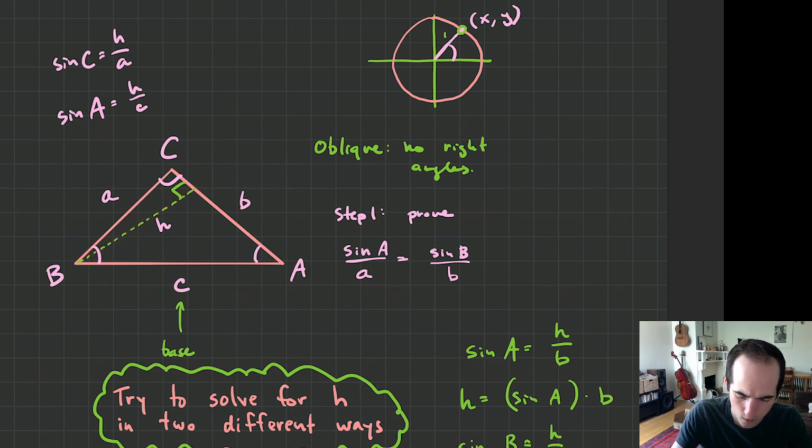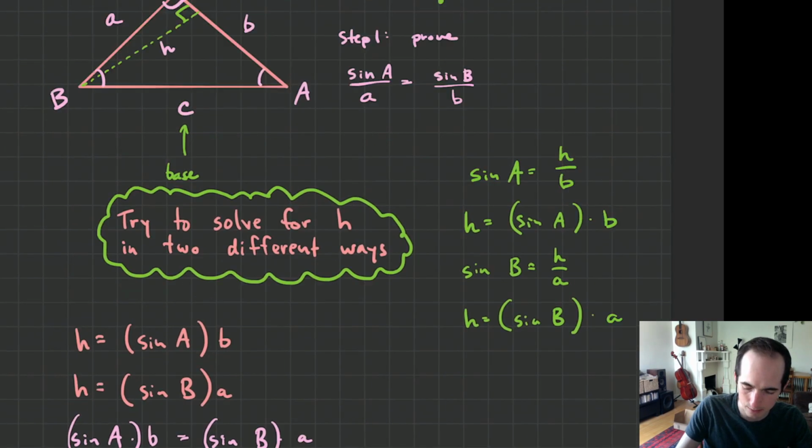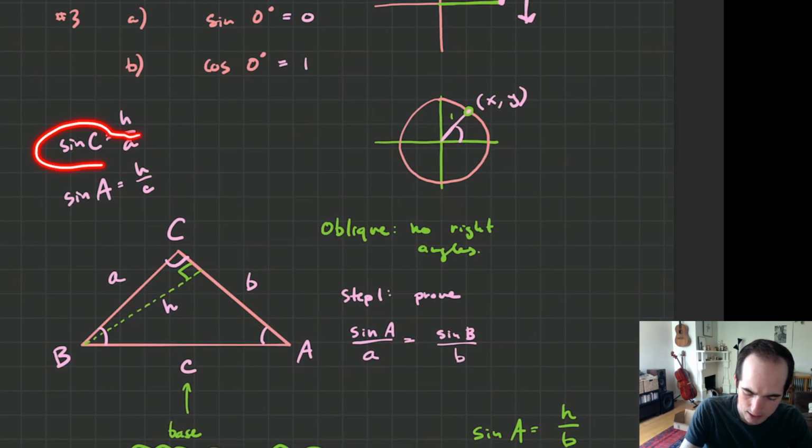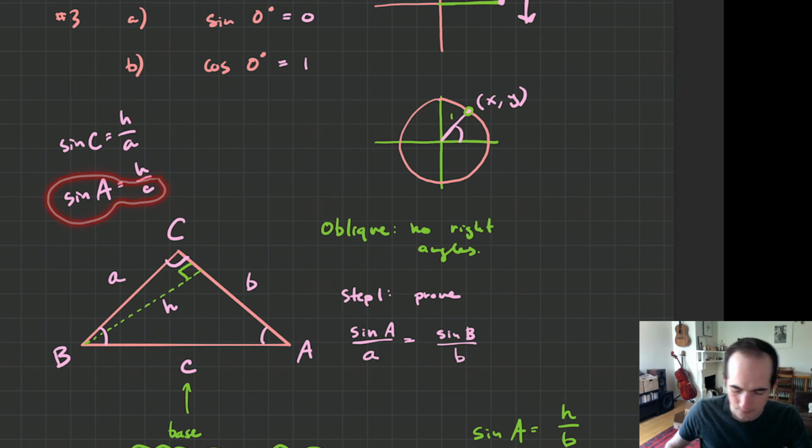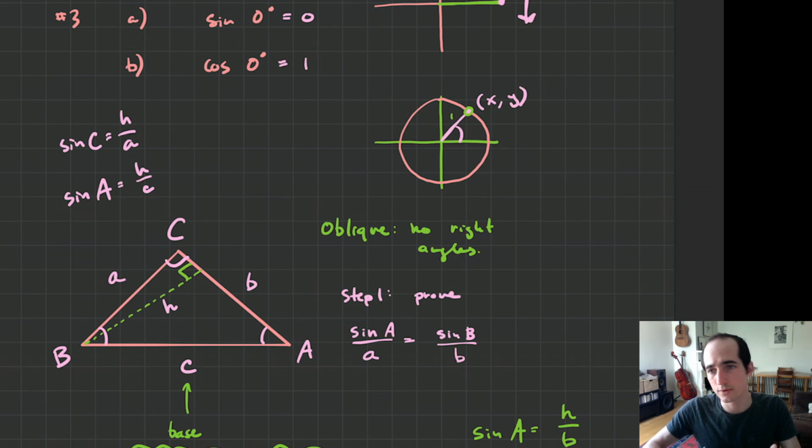The first time we did it with a and b, but the second time around, we said that h was sine of c times a, and then we said that h was sine of a times c, and then you set those two expressions equal to each other, and that is a proof technique that is used everywhere. So to be able to really understand how this proof works, I think part of that understanding is being able to memorize it and to be able to just do it again.